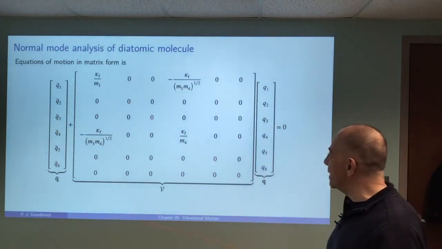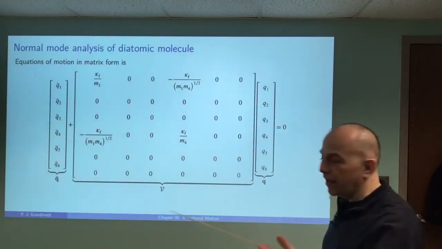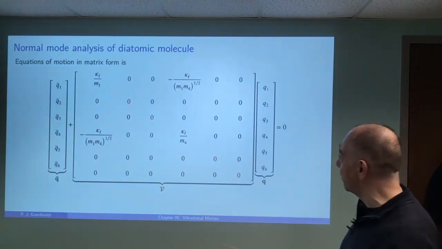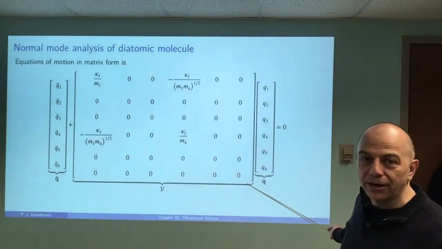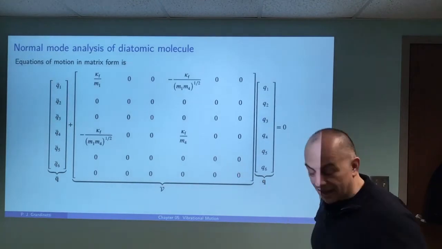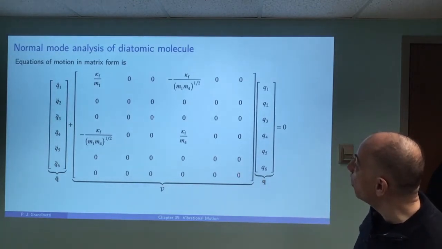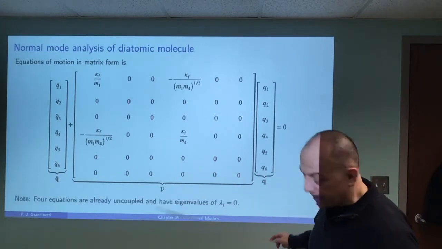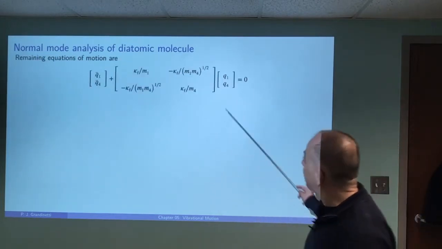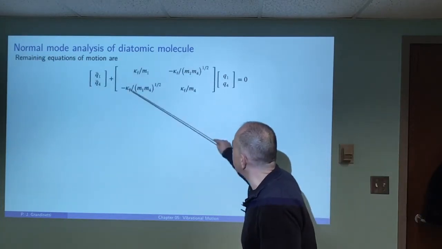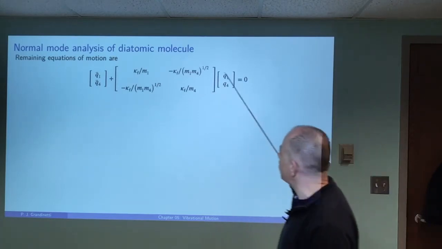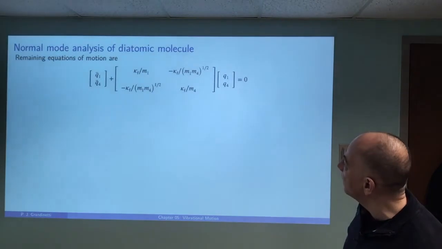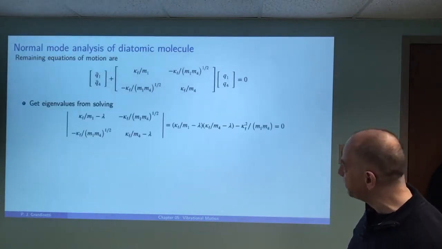And so we see that already that 5 of those coordinates have to have eigenvalues of 0, and 4 of them have already appeared in the way we've written out this expression here. So what's left is just these 4 terms. So if I get rid of the zeros and just focus on what's left to do, then you see that this is the problem that I have to solve to finish the normal mode analysis.